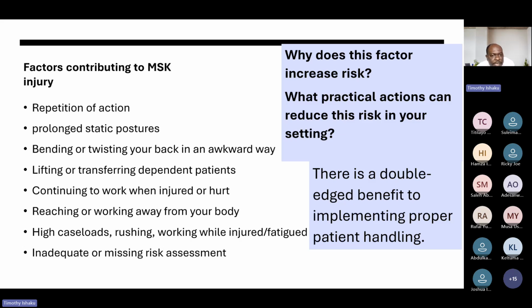So instead of bending, we try to lift the bed up to our waist height. That will reduce the amount of time that we will bend to pull a patient. So bending, twisting, and back.